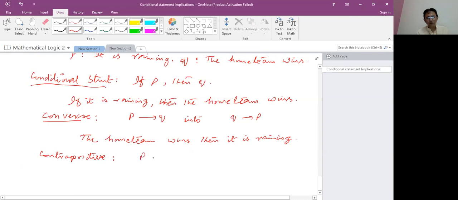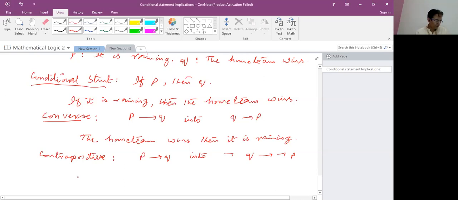Student, if the conditional statement is converted into negation Q implies negation P, what is P? P is, it is raining.